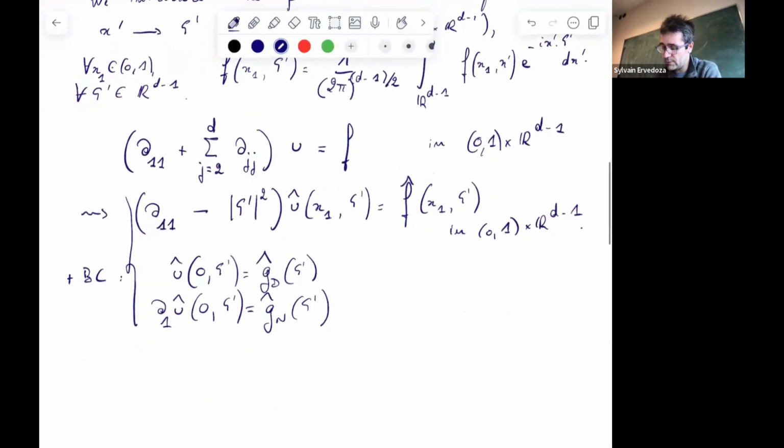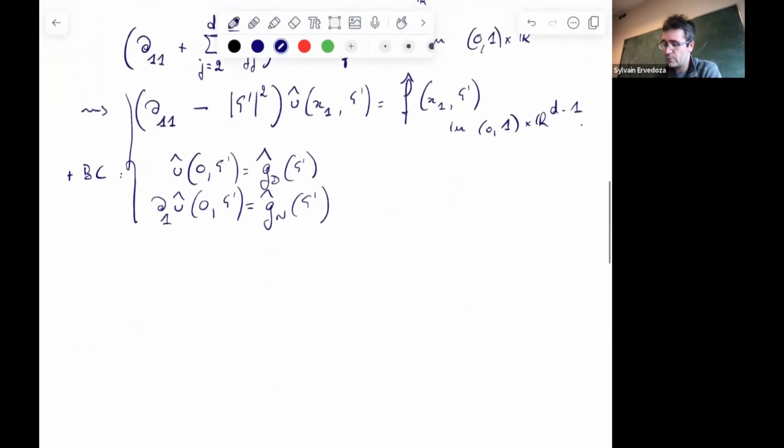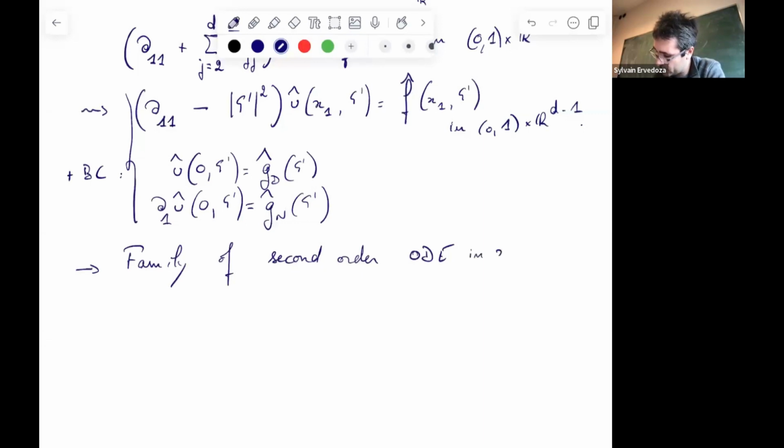So once you have that, you see it is much easier to deal with the equations because now this is a family of second order ODE in x_1, indexed by the Fourier parameter psi'.